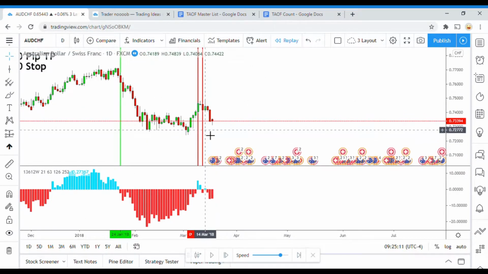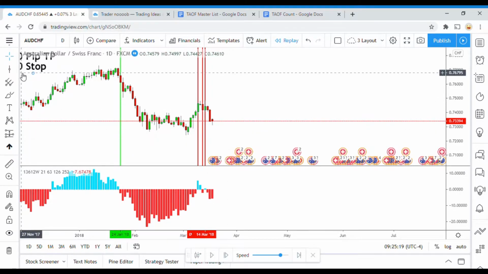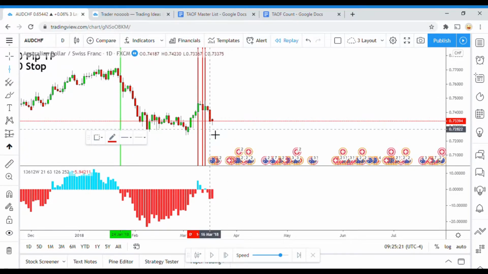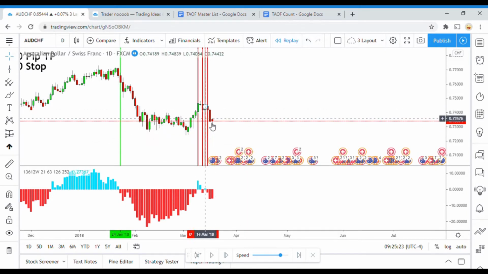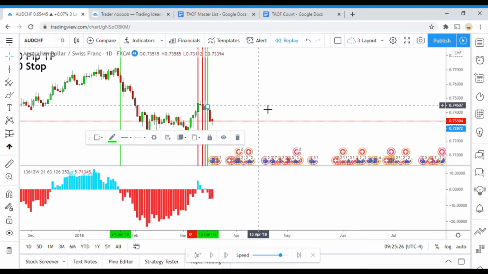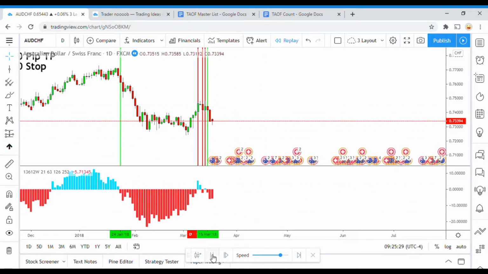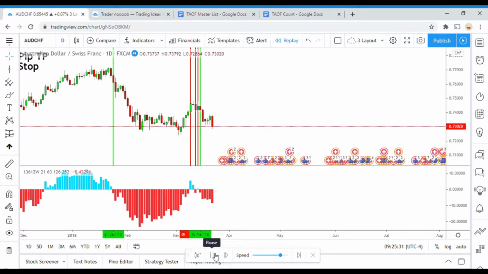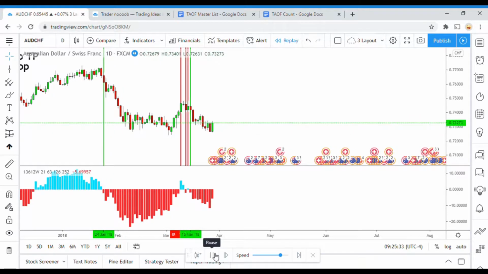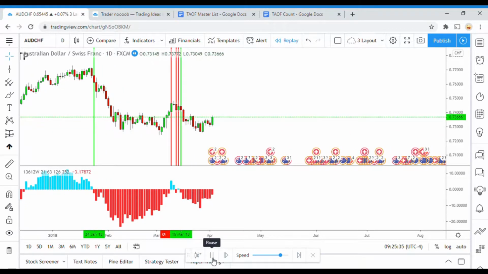But on the next candle, gave us a long signal there. And then on the next candle, gave us another short here. There we go. So took a few losses there.